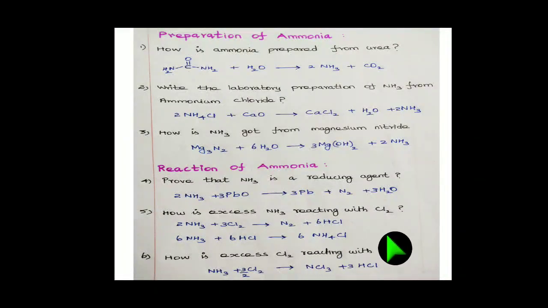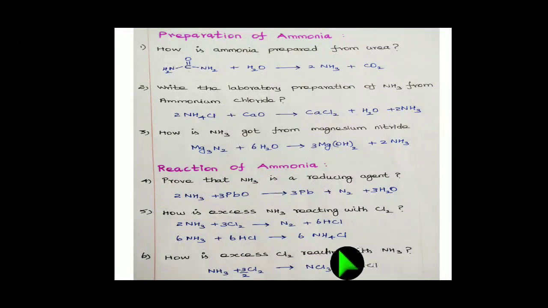NCl3 means nitrogen trichloride, an explosive substance. So if you are adding excess chlorine with ammonia, the product, nitrogen trichloride, is an explosive substance.